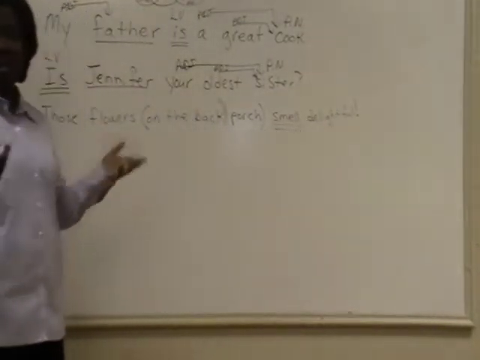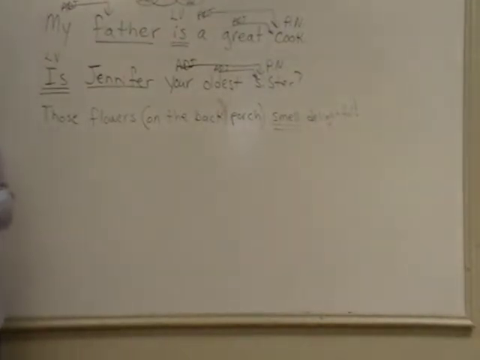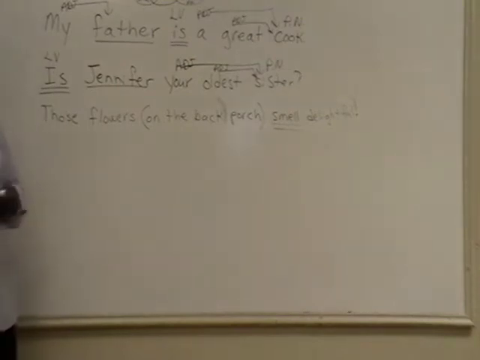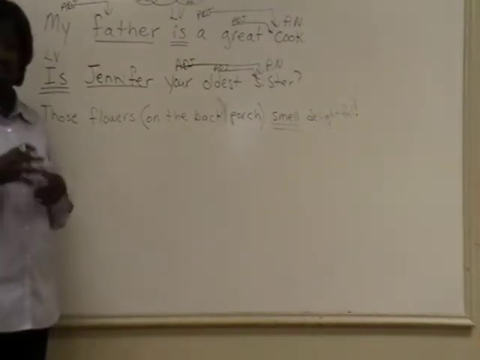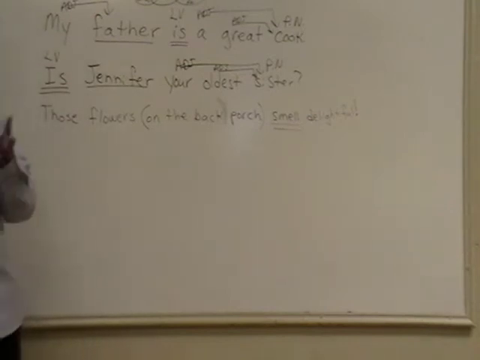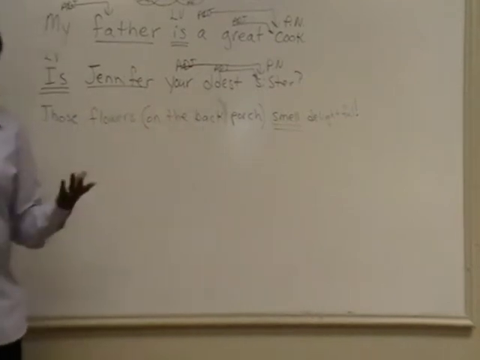Smell is one of those I call 5-sense linking verbs. So you can say something smells good. You can say it looks good. It feels or it felt. You can also say it appears or it looks. Just anything that you have a sense of tasting, smelling, feeling, hearing it, sounds delightful.